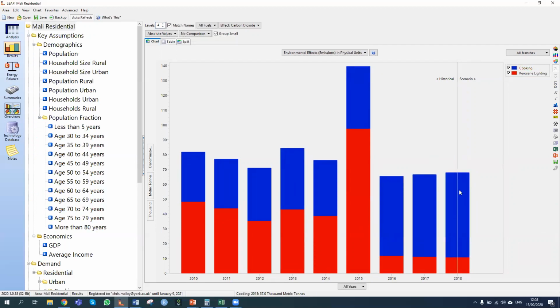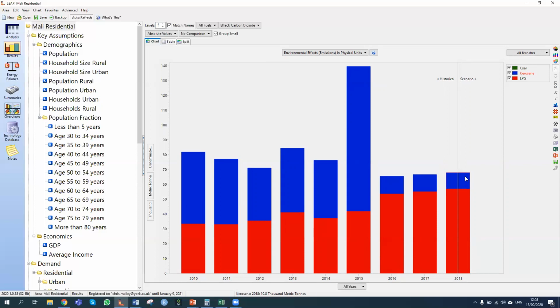The majority of the carbon dioxide emissions come from cooking and a little bit from kerosene lighting. And of the fuels, the majority come from using LPG and from kerosene.